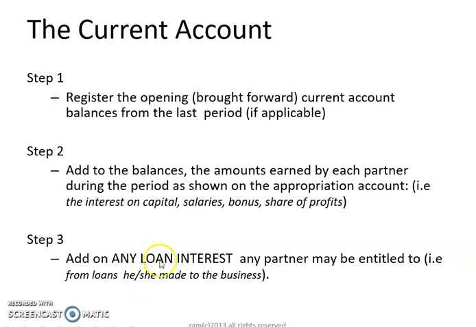So notice that you're going to add any loan interest any partner may be entitled to. And in normal practice, if nothing is said, I think it's about 5% you would charge on that. But you could follow the laws of your country and see what it says.